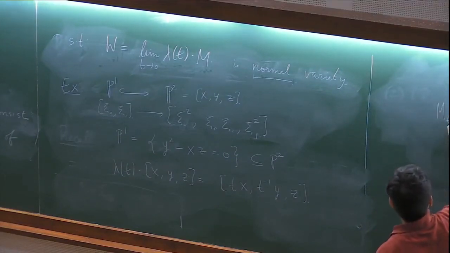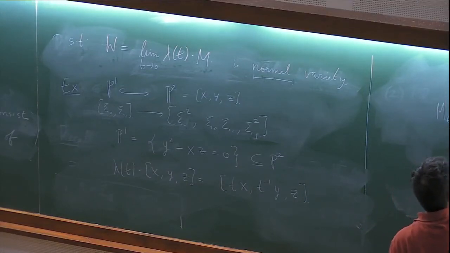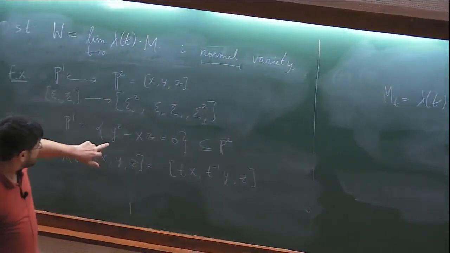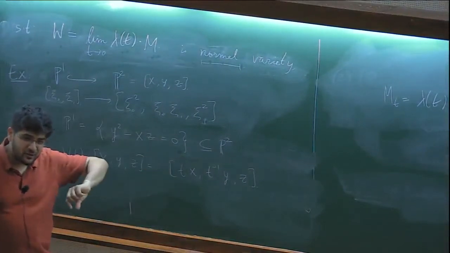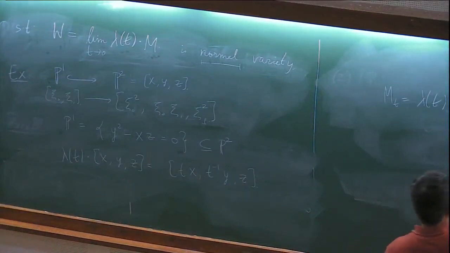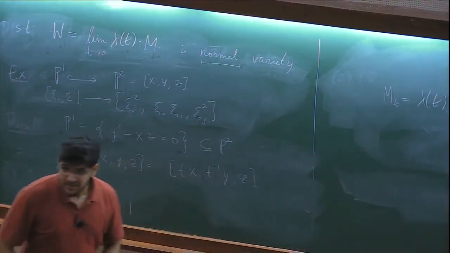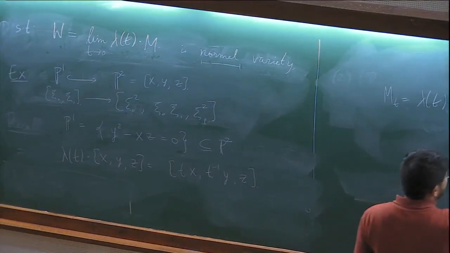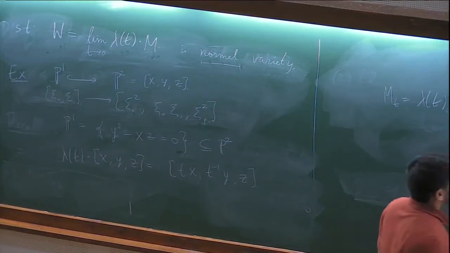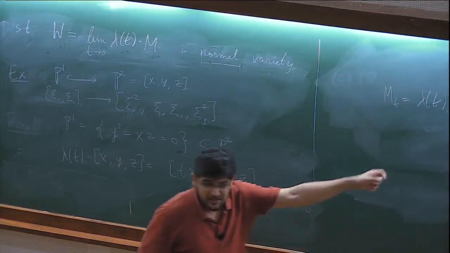If you put M_t equal to lambda t times my P1, then it's easy to check. If the action on this is given by this, to find out what equation is satisfied, you have to take the dual action. So it's going to be this. But since you're working in a projective space, this is the same as t cubed y squared minus xz equals 0, just multiply everything by t.